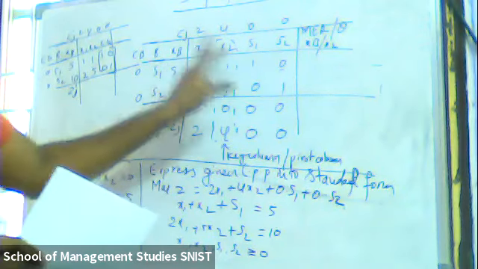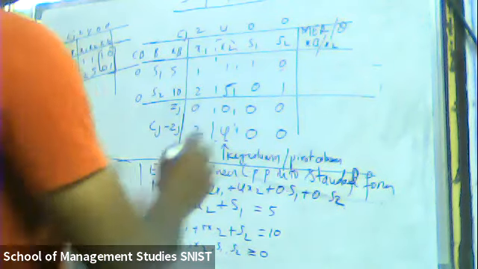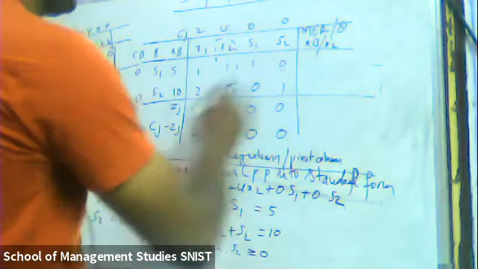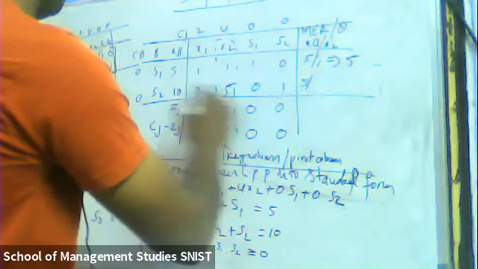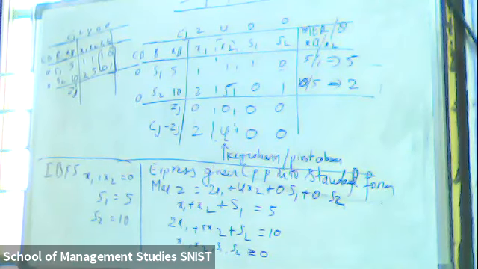Is it on X1 or X2 or S1 or S2? X2. So XB how much? Here 5. 5 divided by 1 is 5. Now the next one, 10. 10 divided by 5 how much? 2. Do you have any questions? No, sir. Now how did we identify the key column?